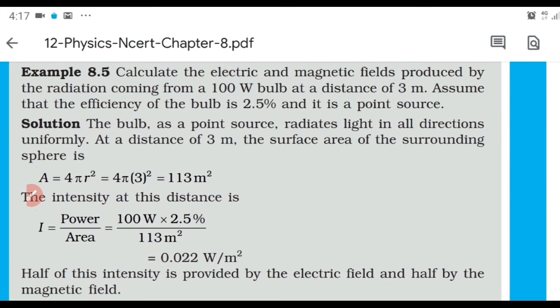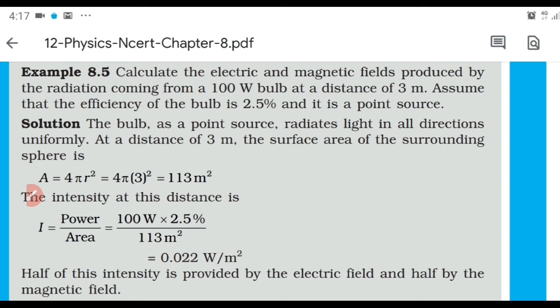So with the bulb at the center, we can assume a spherical surface with the bulb at the center whose radius is 3 meters. So at that point, what is the electric field and magnetic field? That's what we need to find. On the surface of that sphere, we can find the intensity of light from the given data, because it's given a 100-watt bulb with 2.5% efficiency.